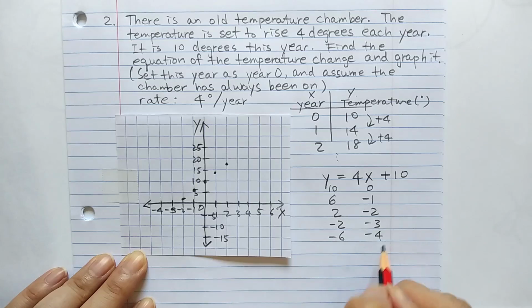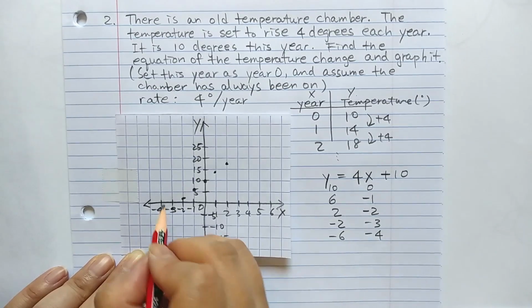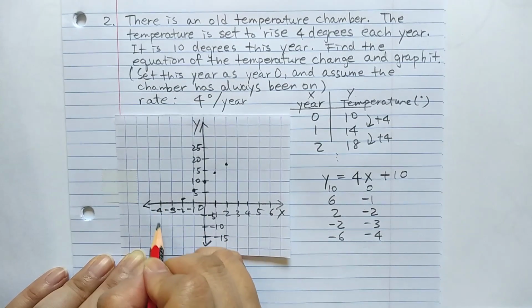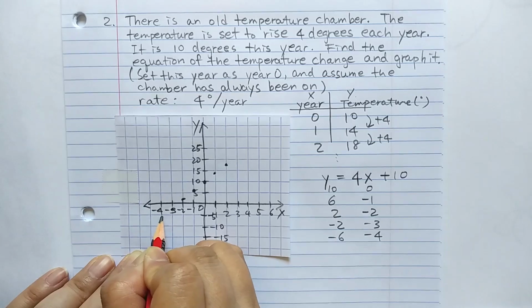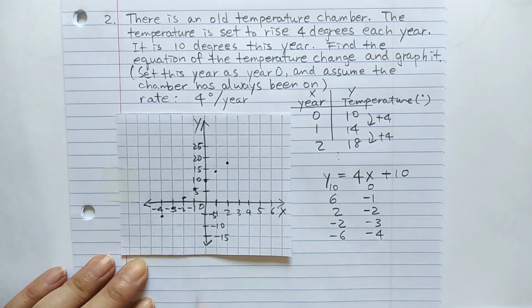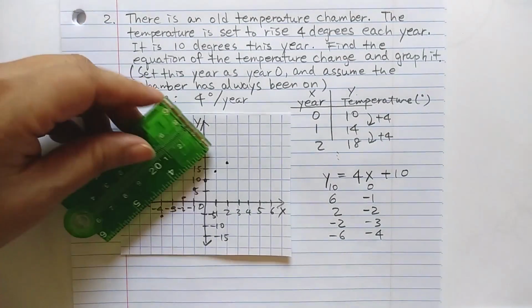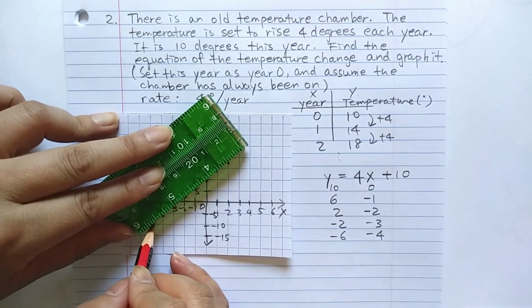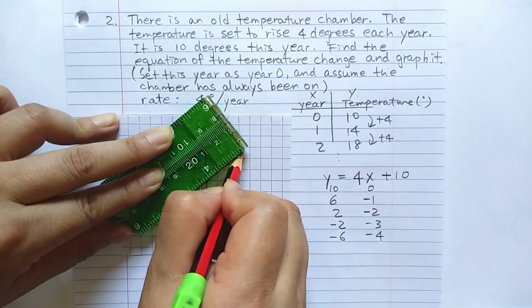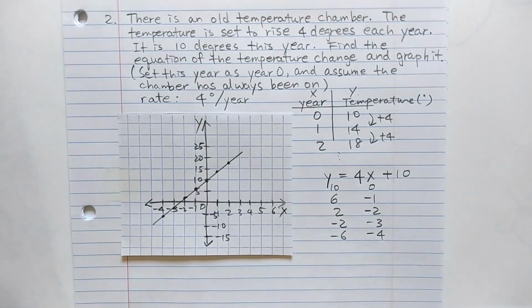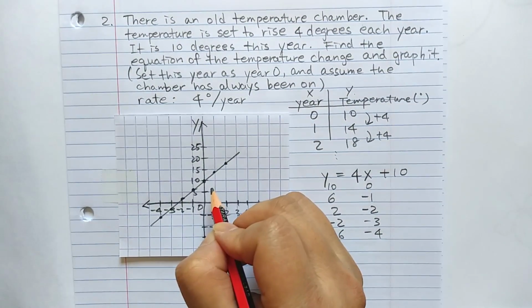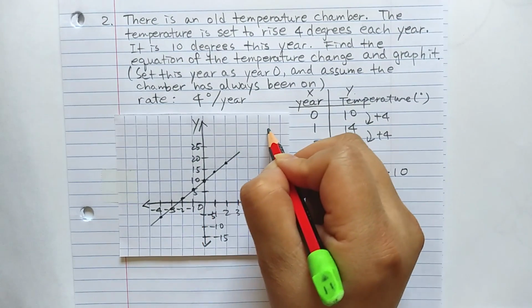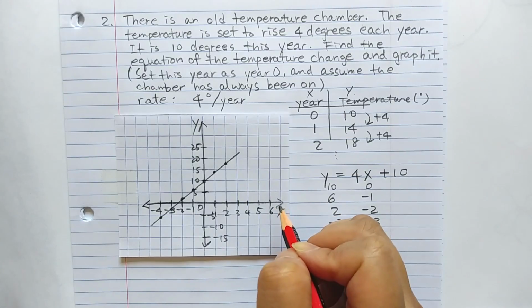Negative 4 and negative 6 is over here. Draw a line like this, and the graph will continue this way as year increases.